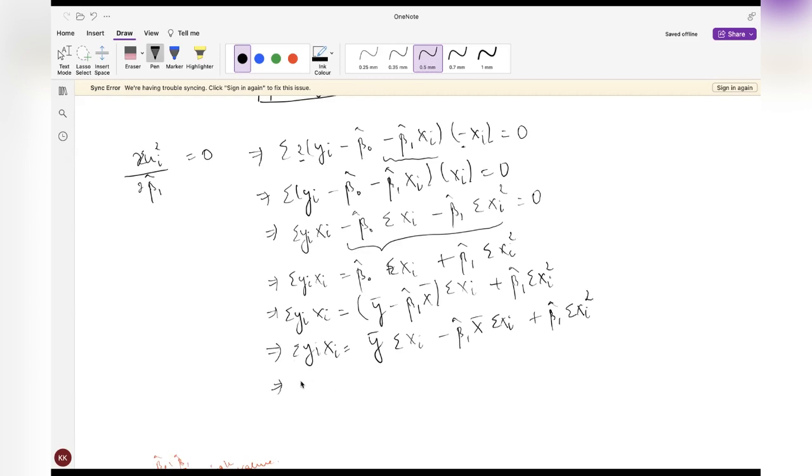Now, let's take this term, y bar summation of xi, to the left hand side, and we will be taking beta 1 hat common on the right hand side. We will be left with summation of xi square minus x bar into summation of xi.